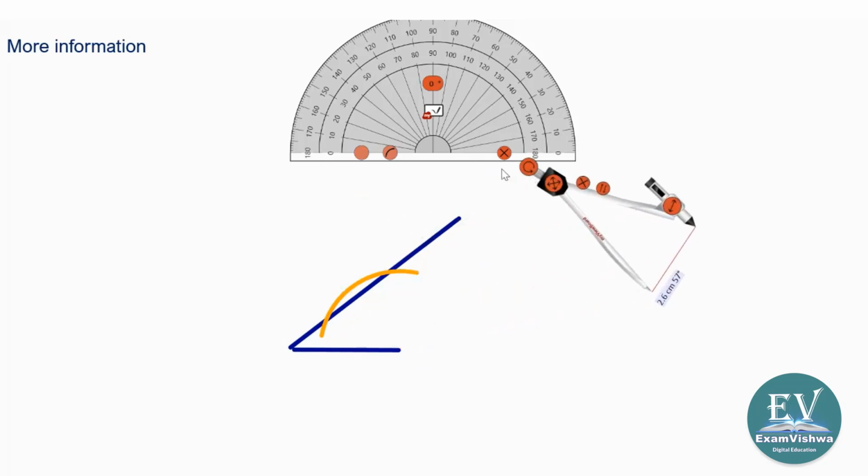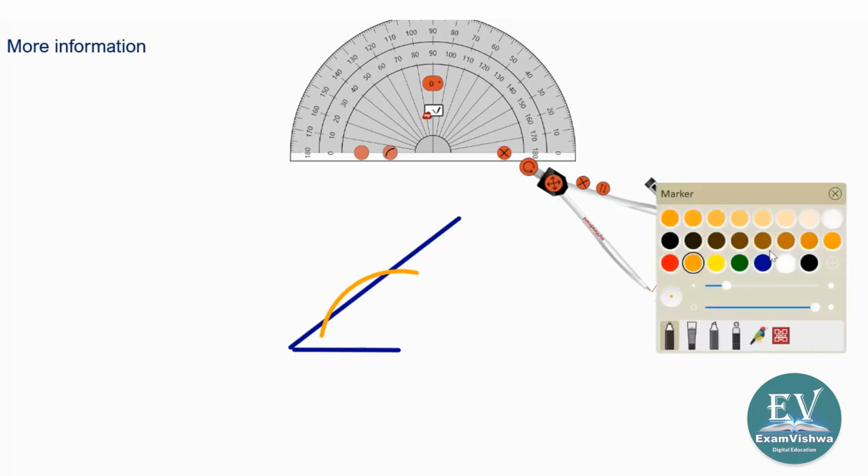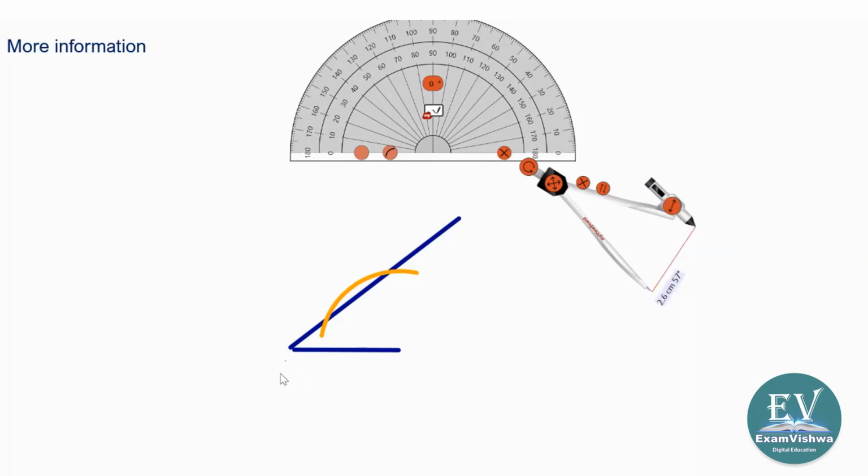Let me mark all this. This one is AB and 6 centimeter. This is 40 degree. This arc is of 2.6 centimeter. That means this distance from here to here, roughly drawing, is 2.6.